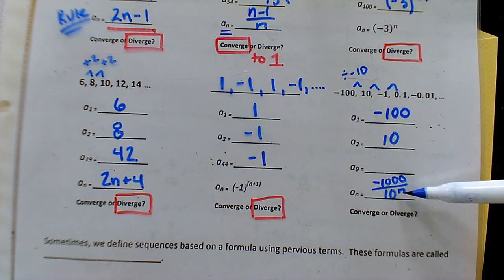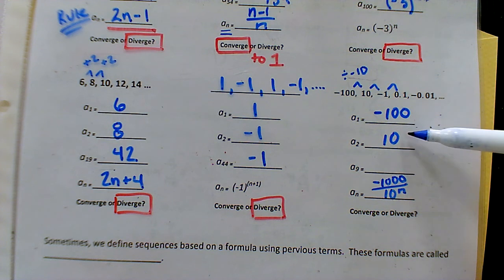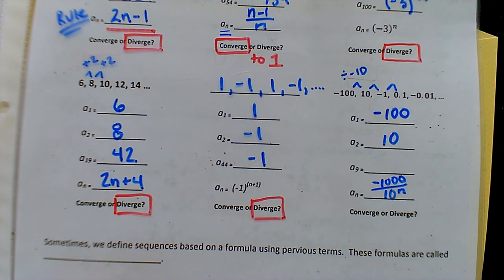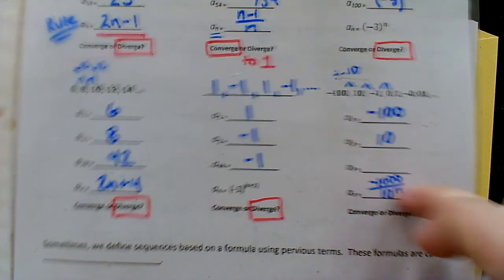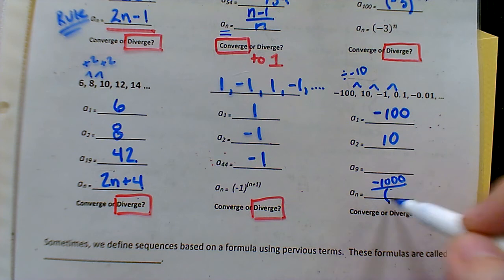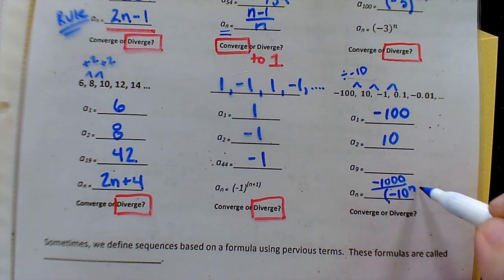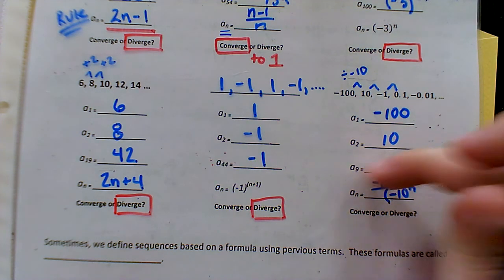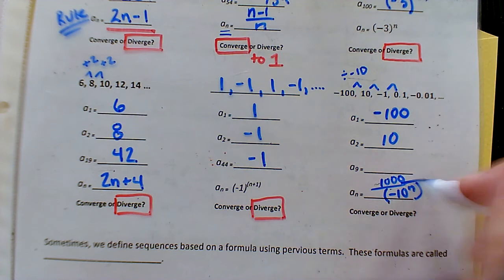If we plug in 2, that'll give us negative 10, right? But we want positive 10. So it would be 1,000 divided by negative 10, so that would be negative also. Okay. How do you want to do it? Negative 10 to the n, like that? Positive 1,000 on top. Positive 1,000 up top.